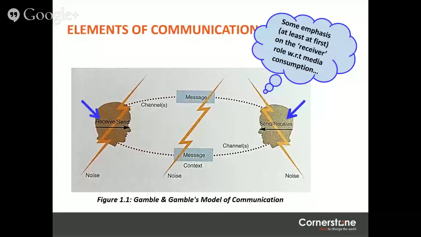And I shared this diagram with them where, in the first unit, we looked at the elements of communication, and we focused on the fact that in most communication, we are both the sender of the message as well as the receiver of messages at the same time.